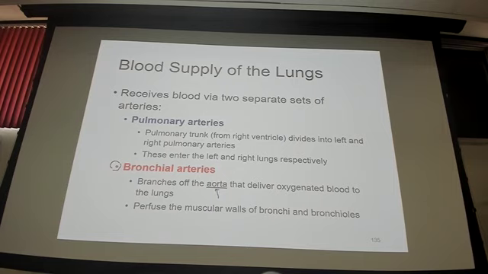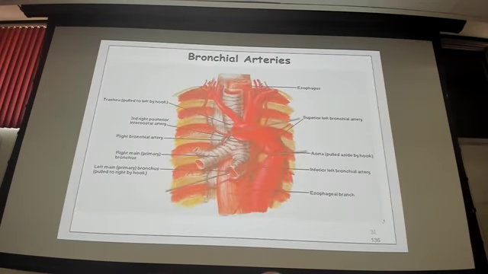So the pulmonary arteries bring blood to be oxygenated, the actual parenchyma of the lung itself is fed by the bronchial arteries that come off the aorta. So if you look here, the right bronchial artery and then the two left bronchial arteries come directly off the aorta. All right?